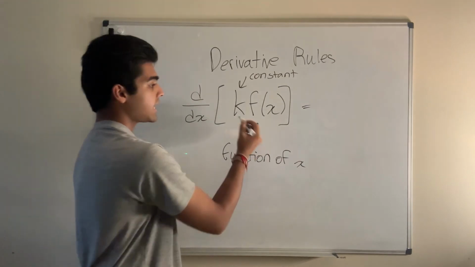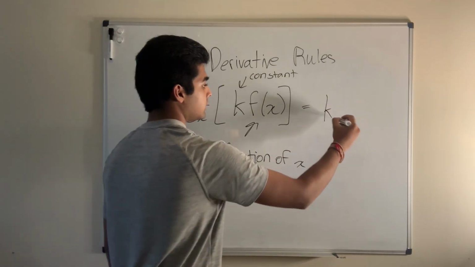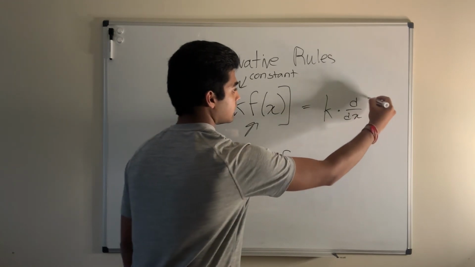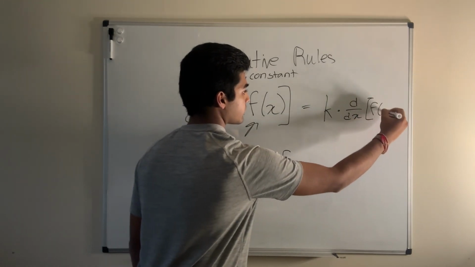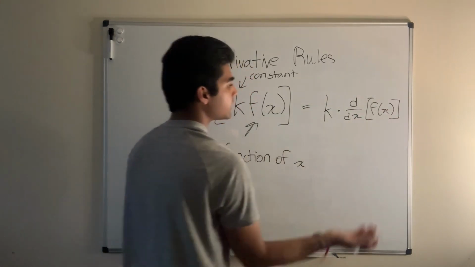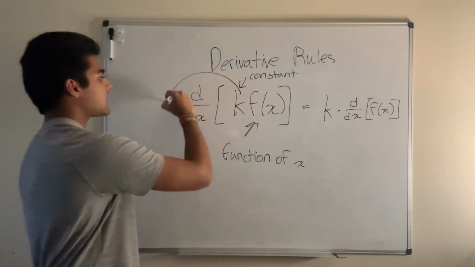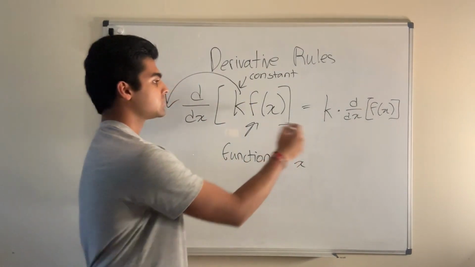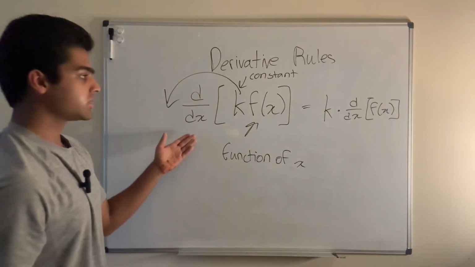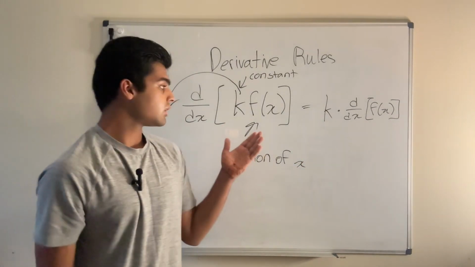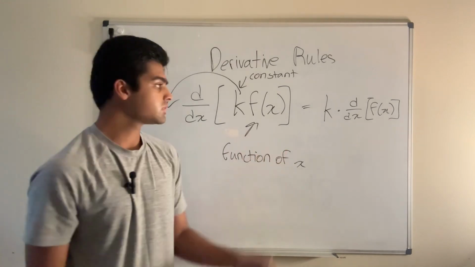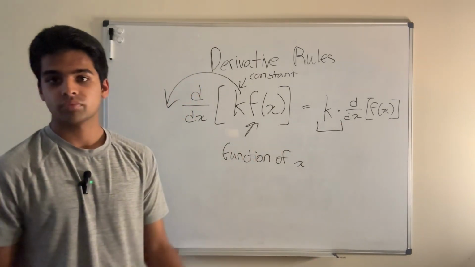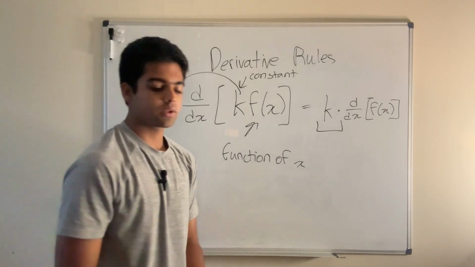Well, this would just be k times the derivative of our function. Basically, we took the k outside of the derivative, and nothing happened to it. So the derivative of any constant k times a function is just the constant times the derivative of the function. Also pretty straightforward, pretty easy to evaluate.